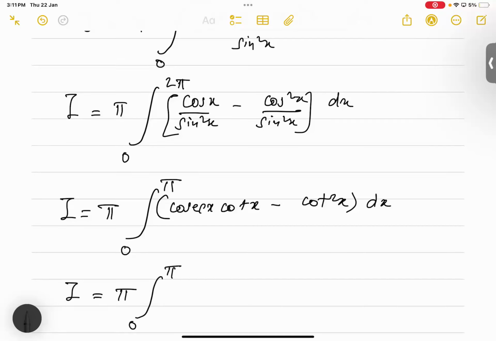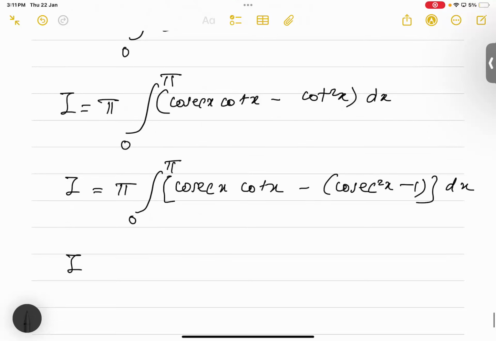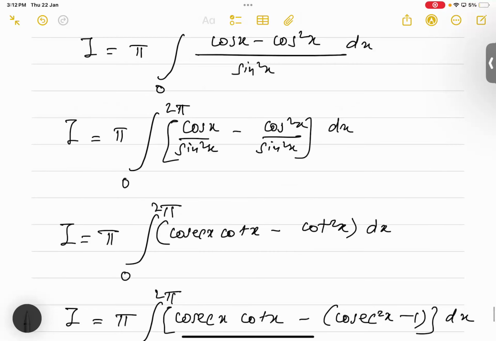Yes. Put a bracket up. Integral 0 to 2 pi. Fine.